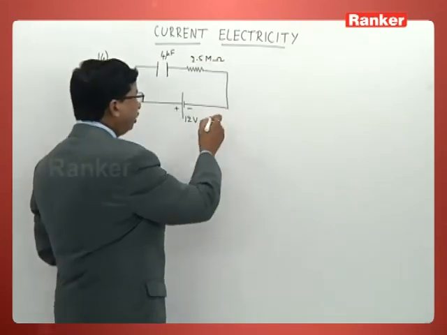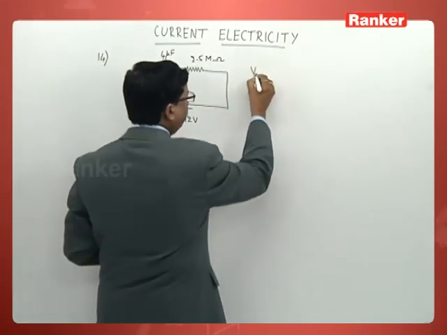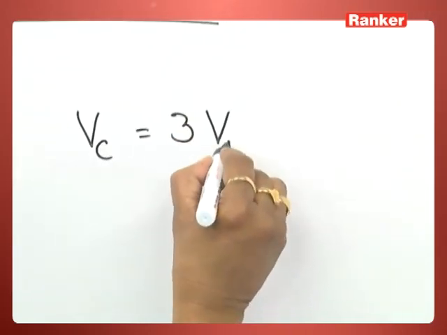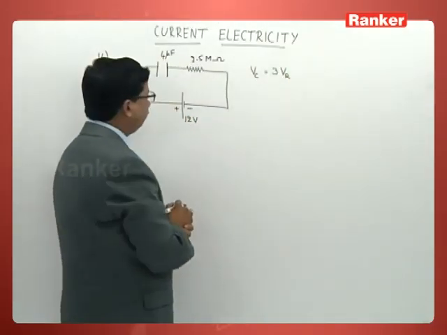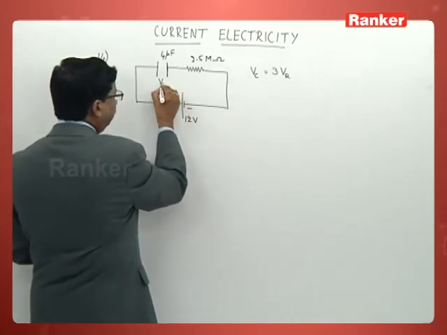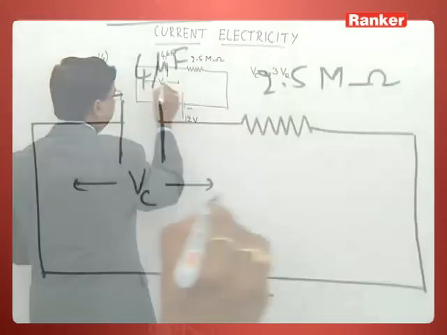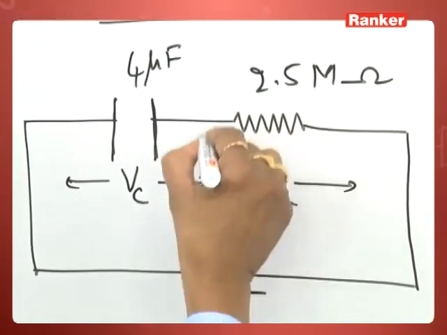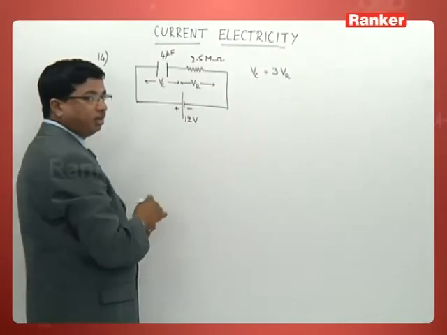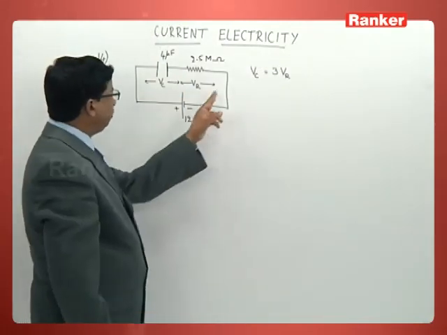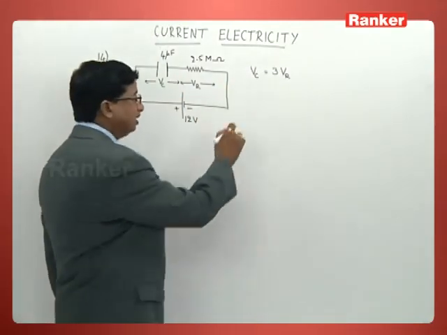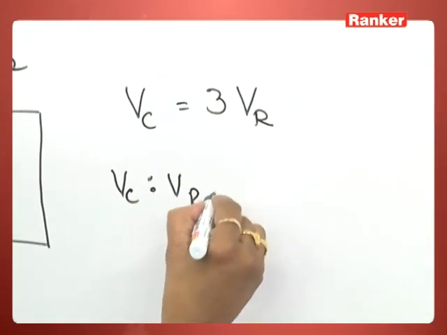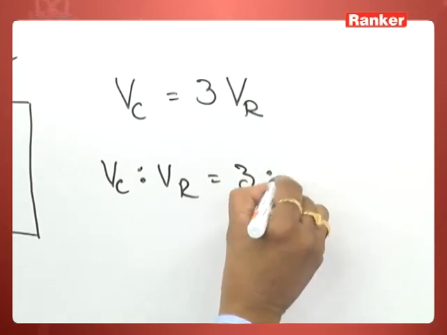That means the potential difference across the capacitor must be 3 times the potential difference across the resistor. So if I write here, this is VC and this one is VR. This is across the resistor, this is PD across the capacitor, and the relation between these two is given like this. Then I can write VC is to VR equal to 3:1.